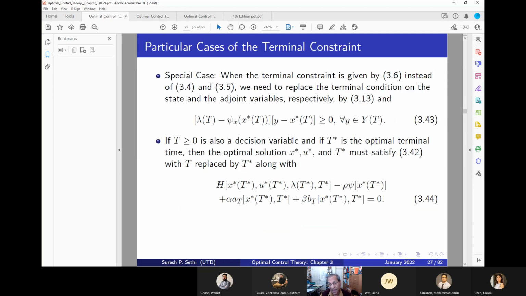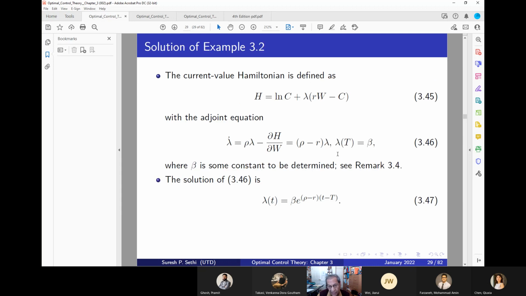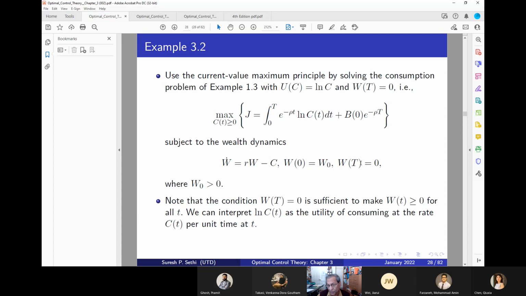In the previous problem I require the individual to fix, meaning don't leave any wealth at capital T. Because this is fixed, we let lambda T be beta. The beta has to be determined. Well, the way we determine beta is so that this WT becomes 0.